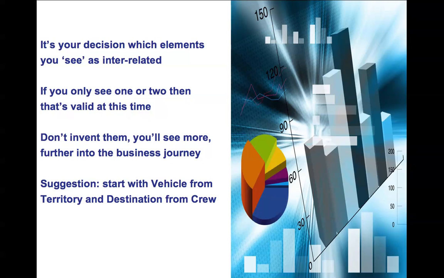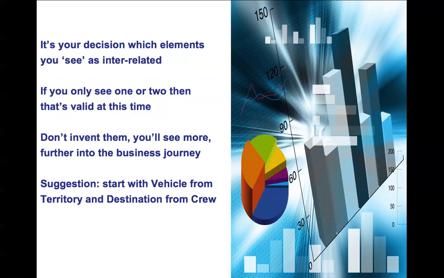So it's your decision which elements you see as interrelated. One or two of them maybe is all that you see this time, and that's fine, just enter them. Don't try to invent them or construct them, only the ones that are obvious. You will see more as you get further into the business journey.